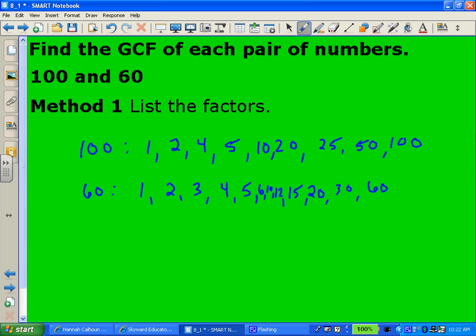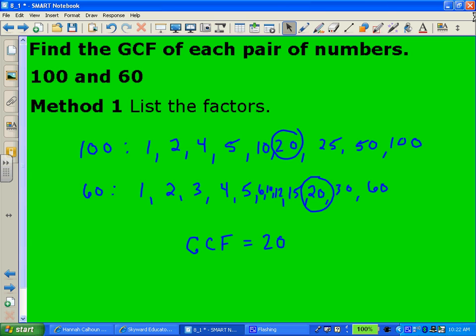Okay, so I list out all the factors that go into 60 and all the factors that go into 100, and then I look for the biggest one that they have in common. And you can see here, I think that it is 20. So the GCF would equal 20. Okay, so that's one way.